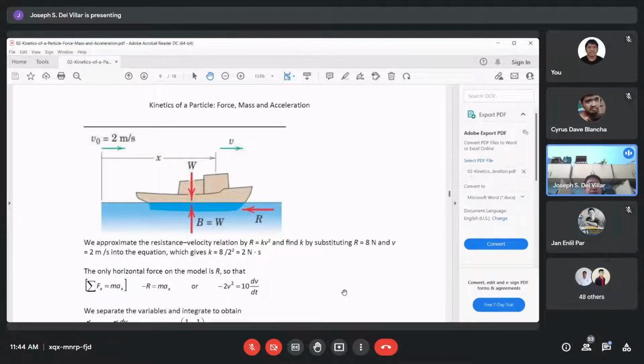Now, since R is directed opposite the direction of motion, look at the green arrow. That shows where the motion, the velocity V0, is directed.